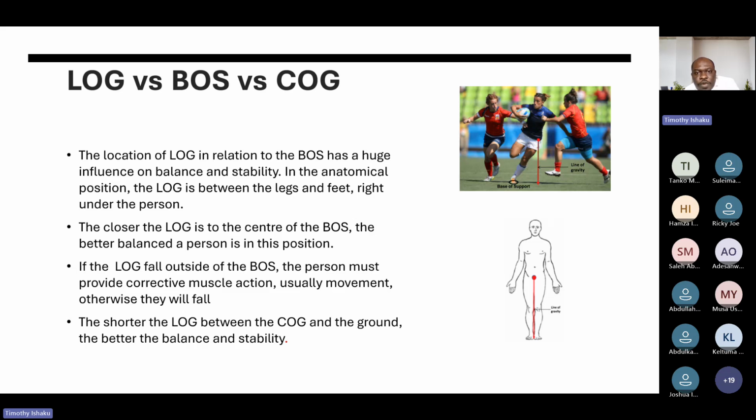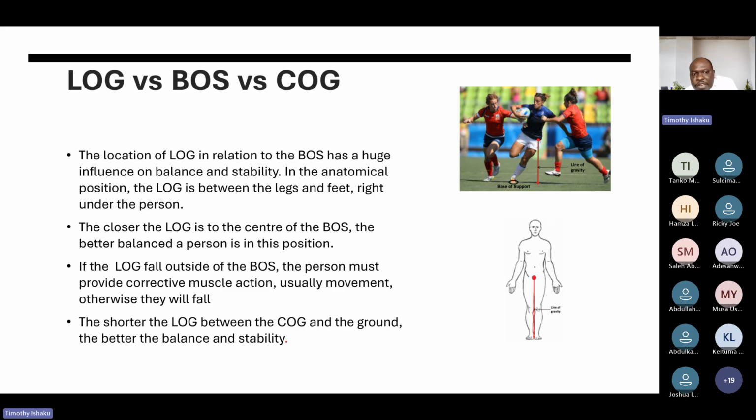Our base of support, by definition, is where our body is being supported on the floor. If you look at the picture down where the person is standing, the base of support will be the two feet on the floor and the surrounding area, wherever the body is in contact with the floor.